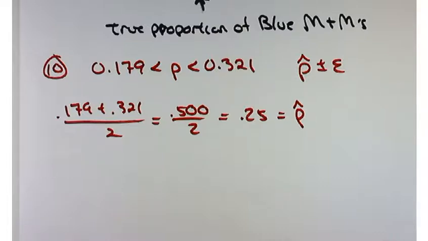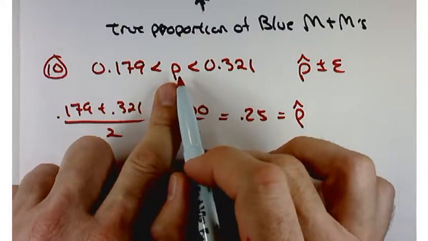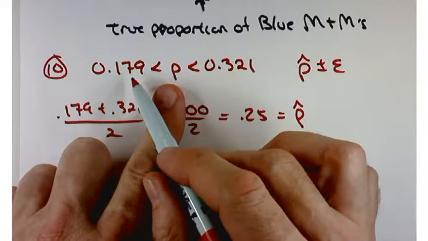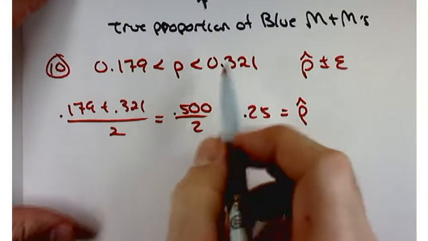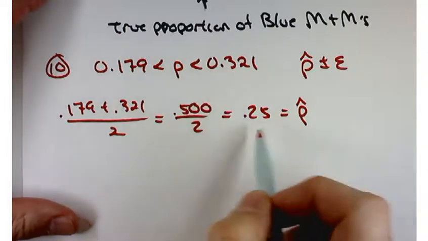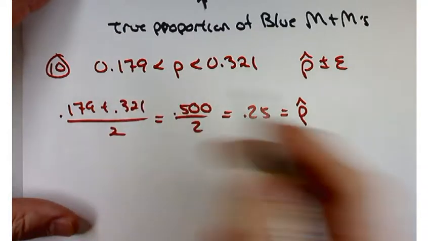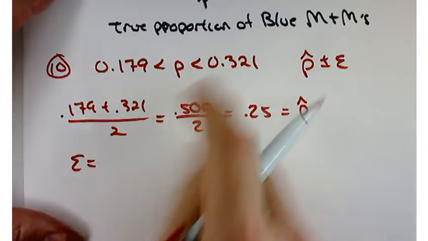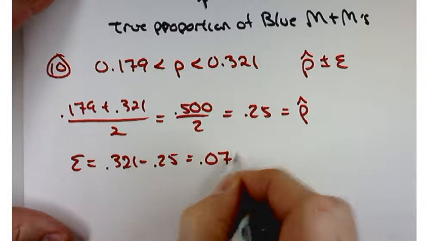Cool. But now I need to figure out, well, what's the error term? How far do I move from the middle to get to here or to get to there? There's a couple ways you can figure that out. Any guesses? What can I do to figure out that distance? The E. So you can do 0.321 minus 0.25, that'll give you E, or 0.25 minus 0.179. Either way, you can get E. I'll just do it this way. 0.321 minus 0.25 gives me 0.071.